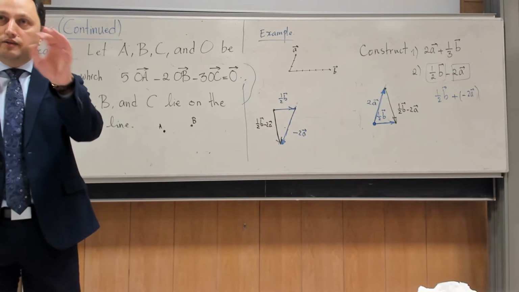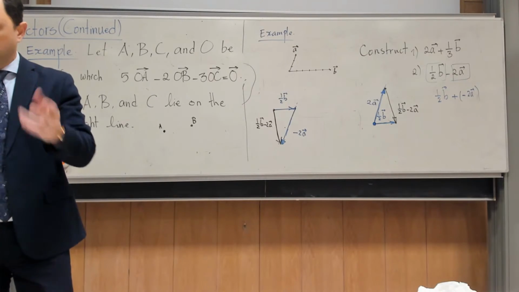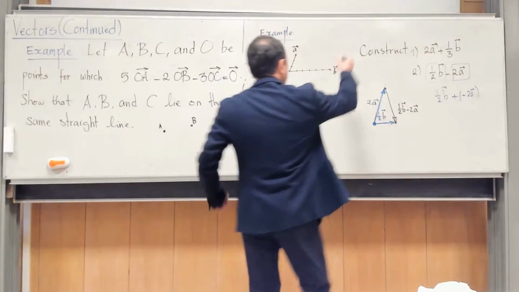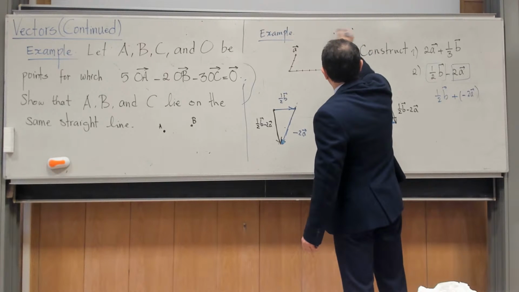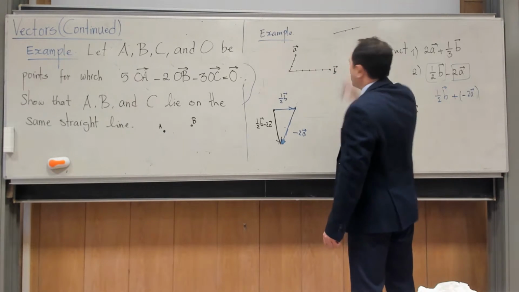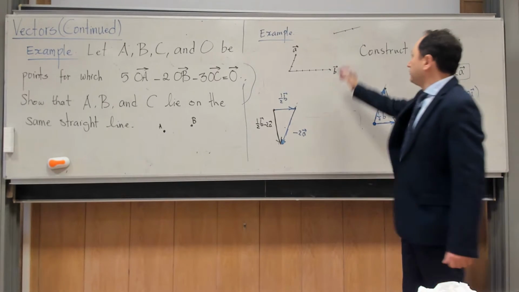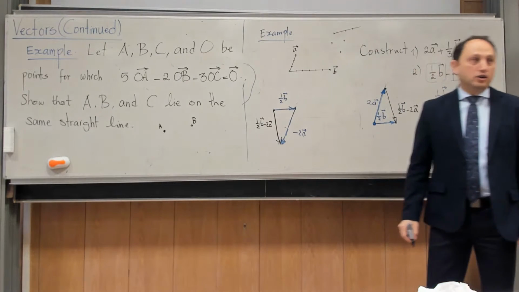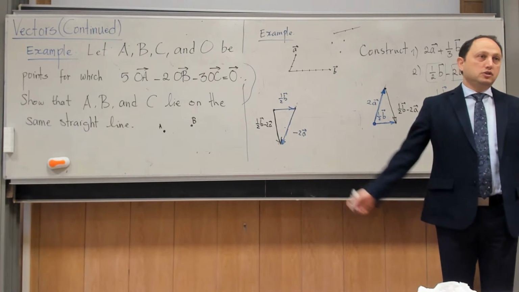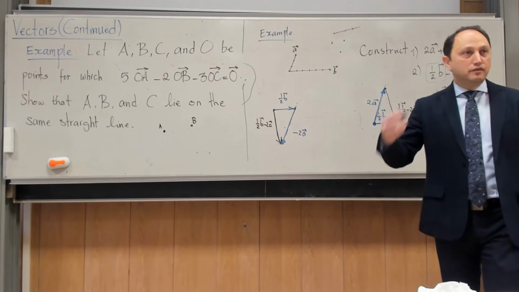It depends on the position of the points. If you draw 3 points like this, then there is 1 line. But if you draw the points like this, how many lines contain all of them? 0. So this is not trivial at all.